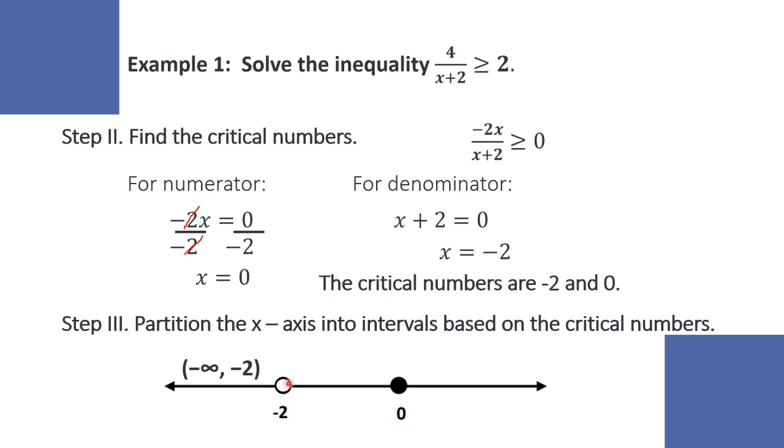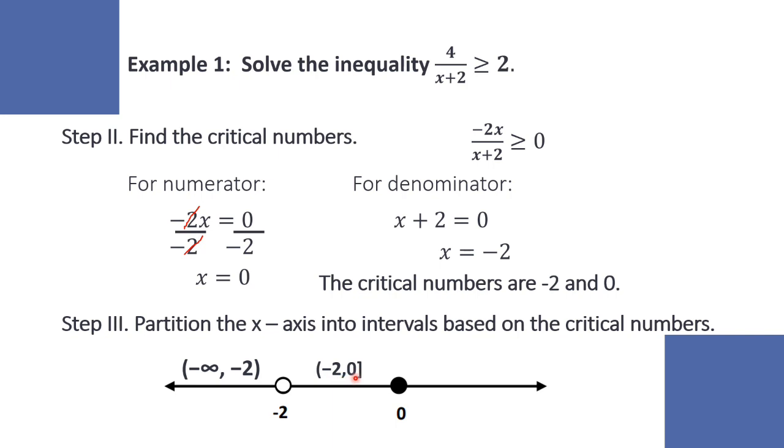And also a parenthesis at negative infinity because we don't know exactly the point of negative infinity. Next interval is, yes, from negative 2 to 0. We use a parenthesis at negative 2 because this one is hollow, and we use a bracket if it is shaded.